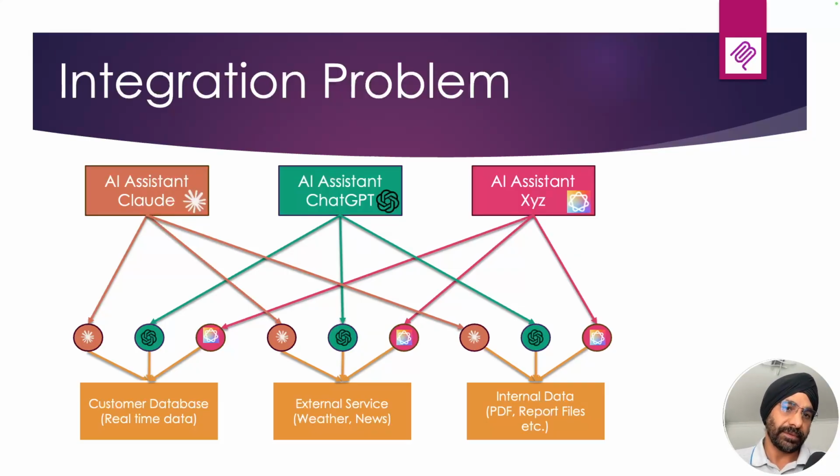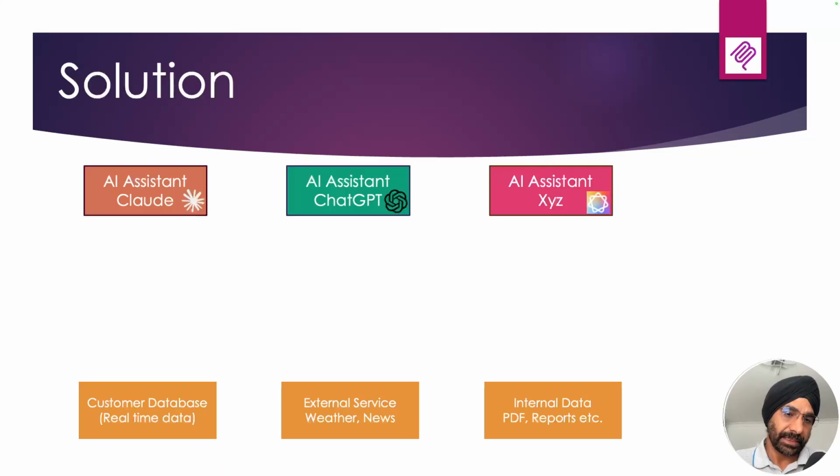So how do we solve this problem? In order to solve this problem, Anthropic in November or December came up with an idea saying, okay, why don't we have some sort of protocol which we can introduce between these various applications and my data sets, which can seamlessly talk to each other.